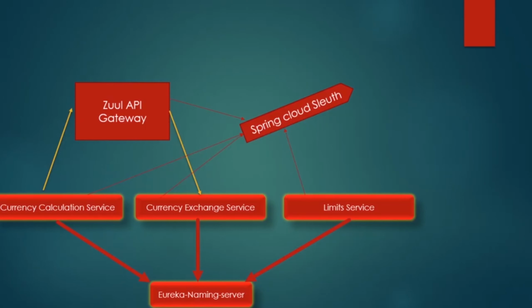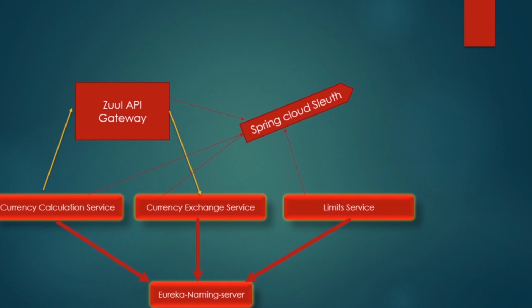Whenever a user makes any request, a unique request number is assigned to that request as it travels from the currency calculation service to the Zuul API gateway to the exchange service. It will have a common ID which will be used to trace it, and that will be assigned by the Spring Cloud Sleuth that we will be implementing in this video.